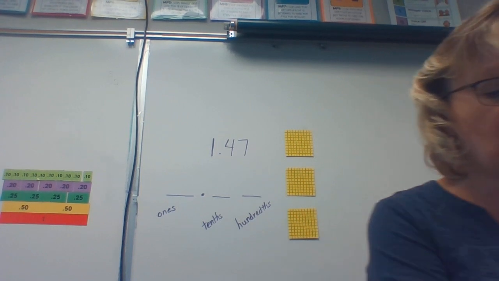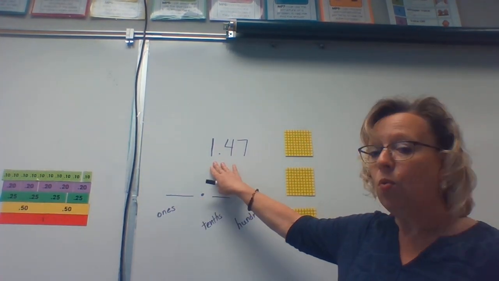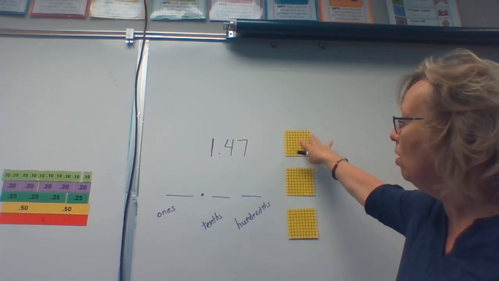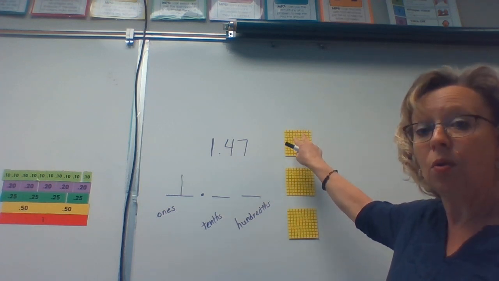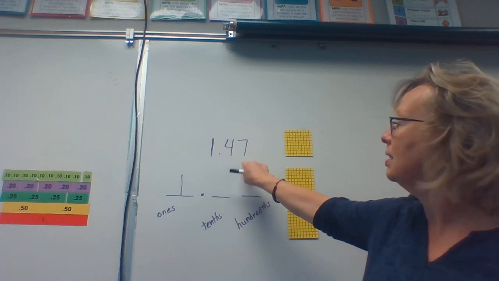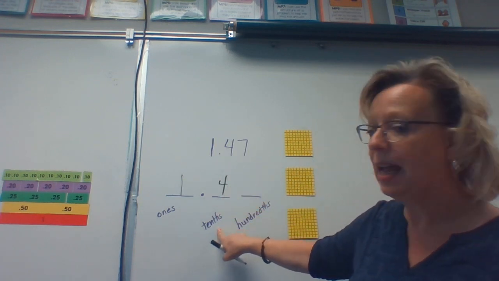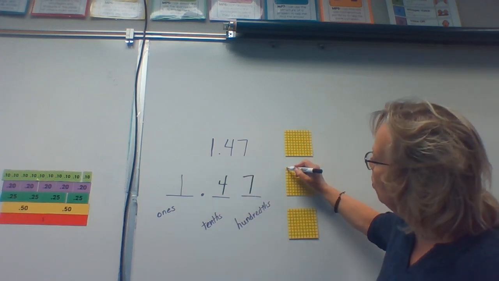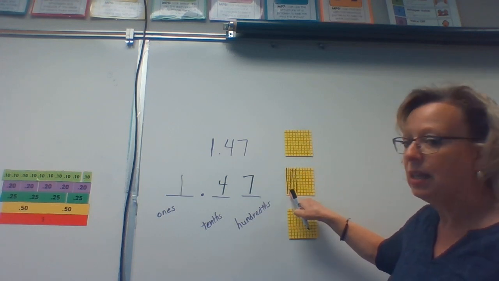If I look at that on the board, up here I have 1 and 47/100, which would mean one whole, or 1, or like a dollar. And if we were saying this is 47/100, that represents the tenths place. There are 4 tenths and 7/100. 4 tenths would look like this, 4 tenths.